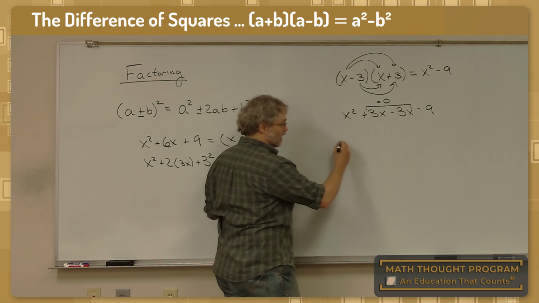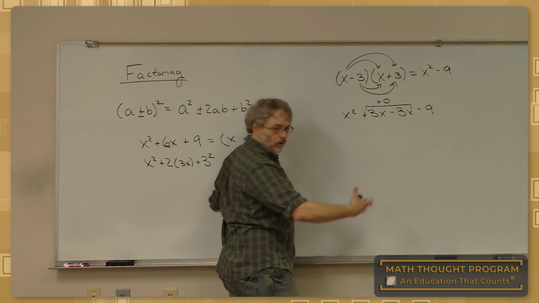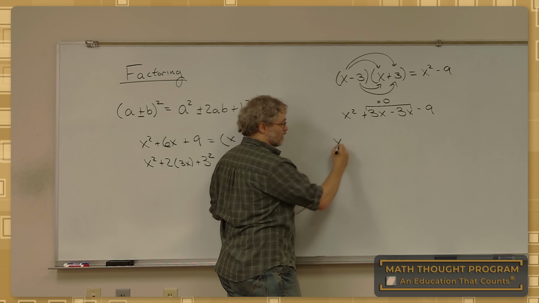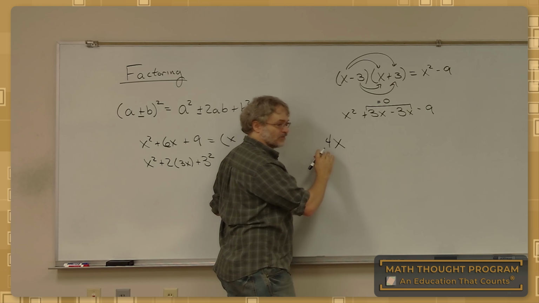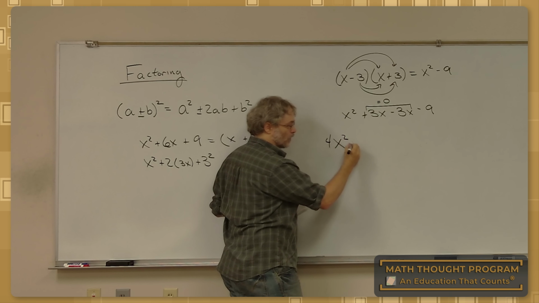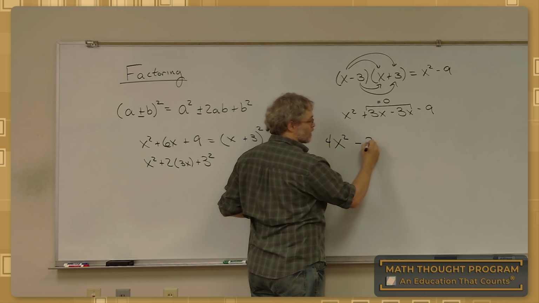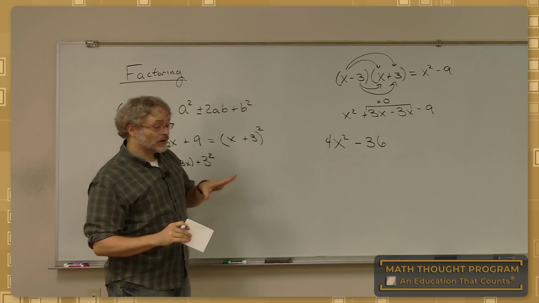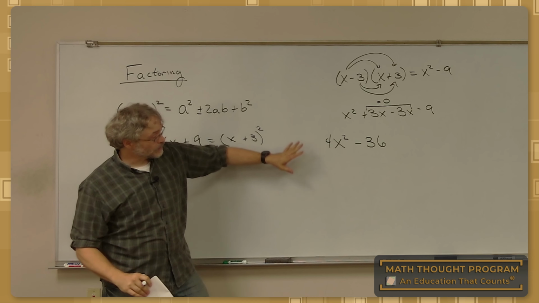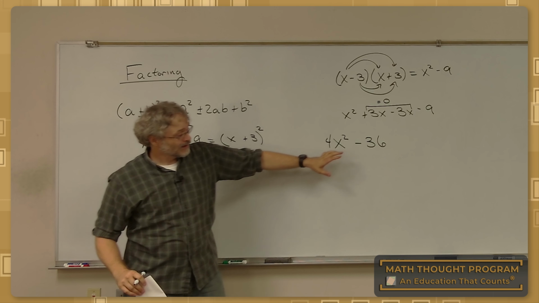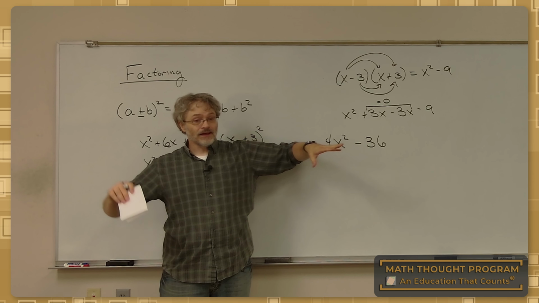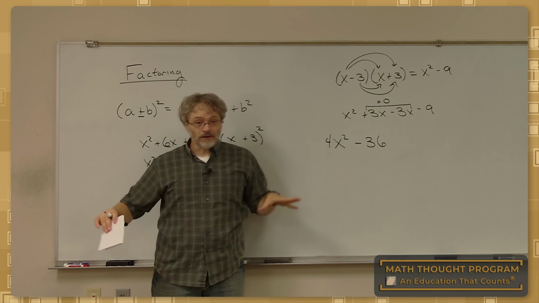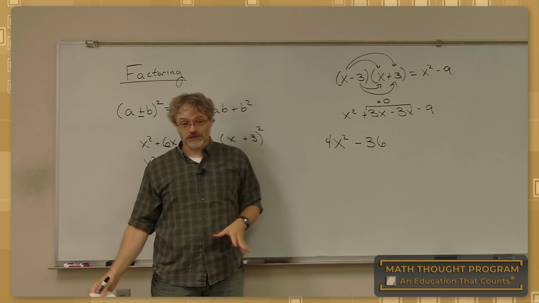So if I look at a quadratic that says something along the lines of 4x squared minus 36, yes, I could go through the whole process, looking at the coefficient in front and the constant at the end, and going through a process of elimination.